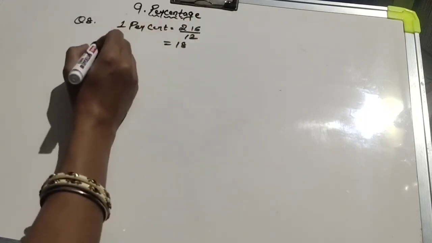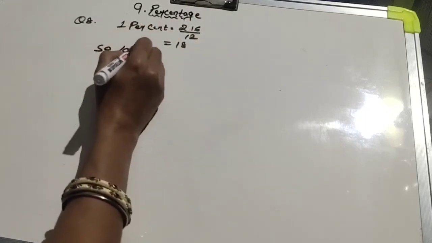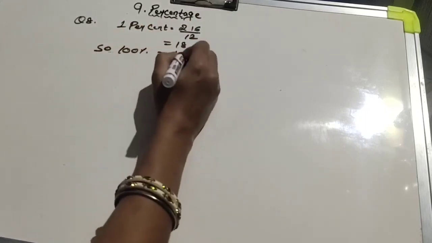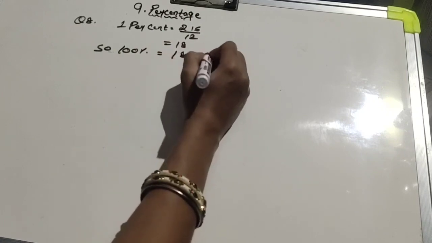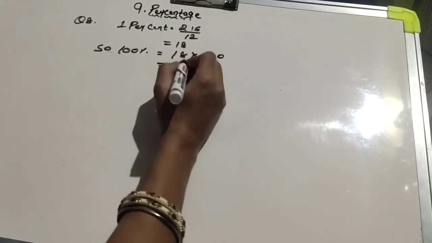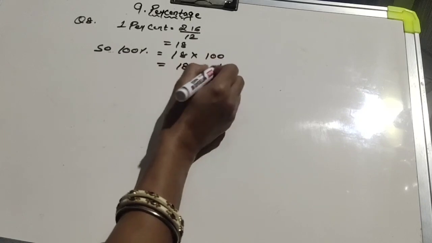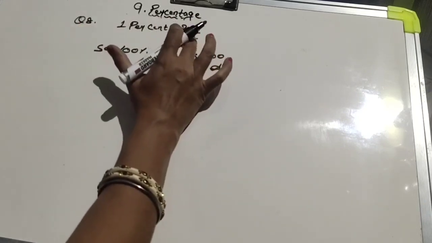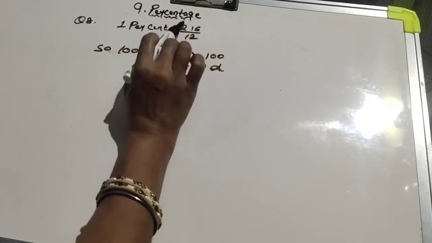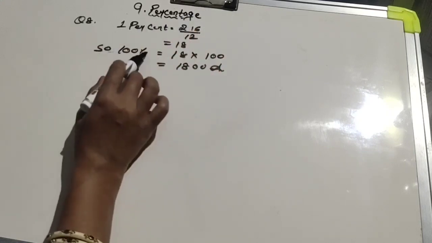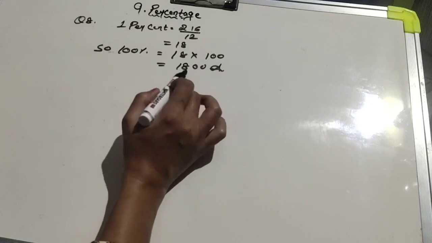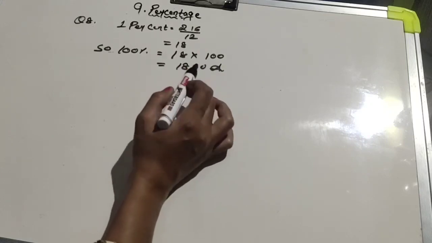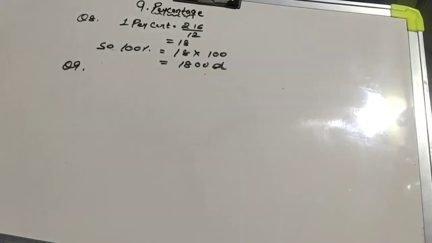In the 12 table, 18 times coming 216. So 100% is equal to 18 multiply with 100, 1800 is your correct answer. Again I repeat, 1% is equal to 216 by 12, 12 table coming 18 times, so 100% is equal to 18 multiply with 100. So your answer will be 1800.